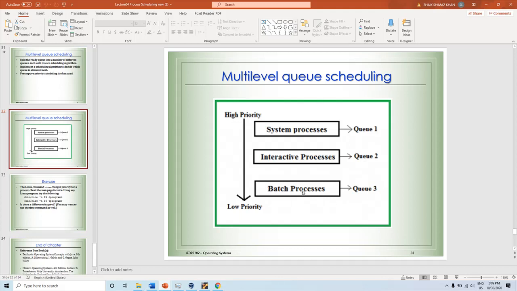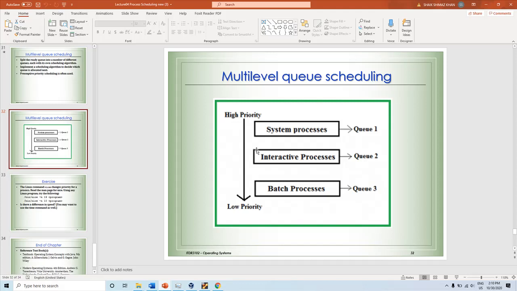Let's say there are 3 processes, P1, P2, P3. Which of the 3 will be scheduled first and which second would be decided by a scheduling algorithm specific to this queue. Let's say FCFS, so this queue is controlled by FCFS.